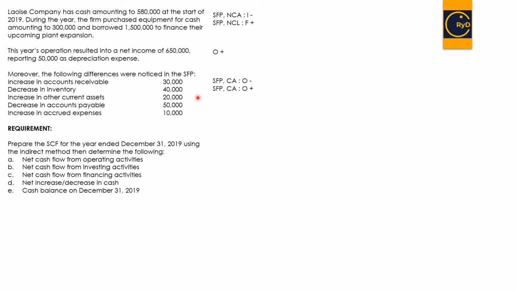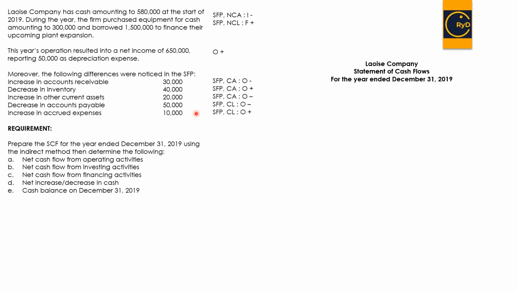So this is a deduction to our operating activity. Then for our decrease in accounts payable, this is a current liability, a deduction to our operating activity. Then we have an increase in our accrued expenses. Accrued expenses is a current liability, so this is an addition to our operating activity. So from here, we can then formulate our SCF.